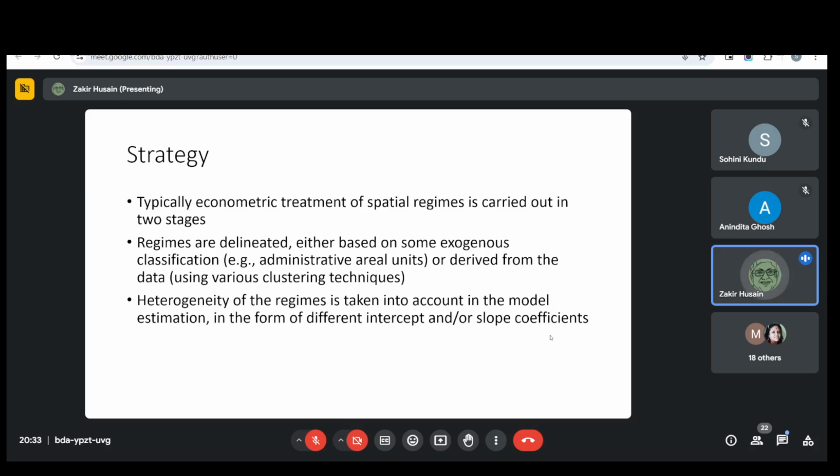The identification of spatial regimes can be data driven. We then estimate models for each of the clusters.